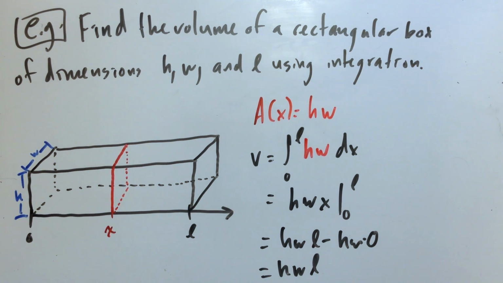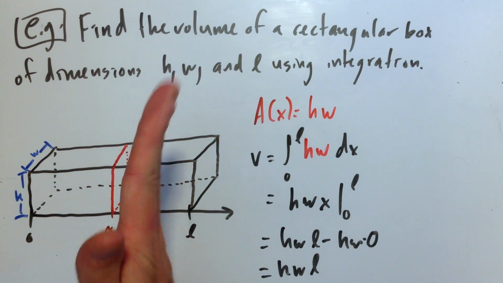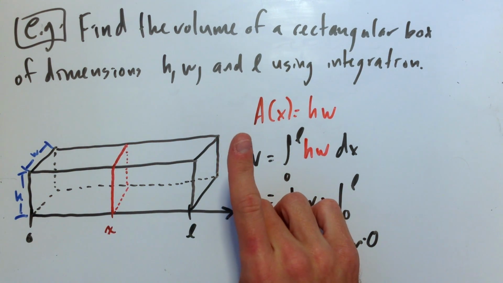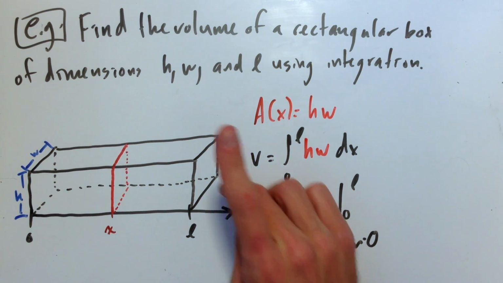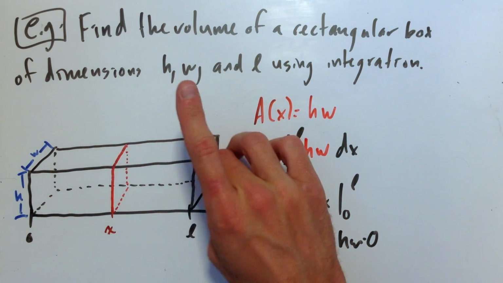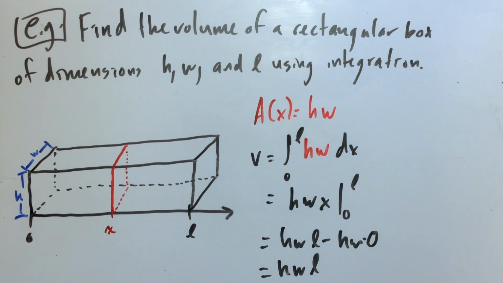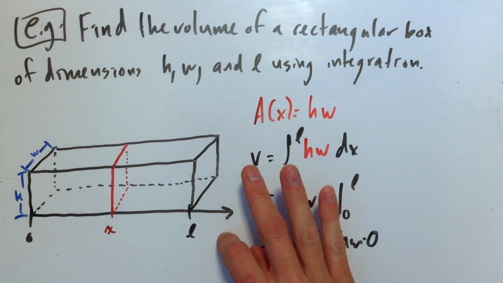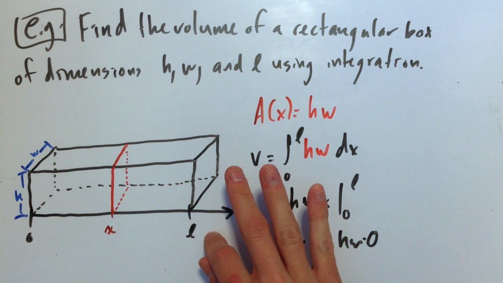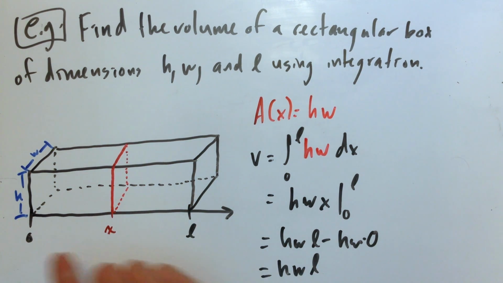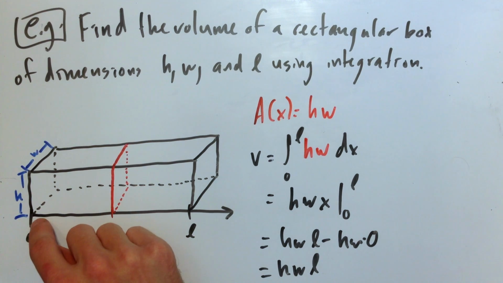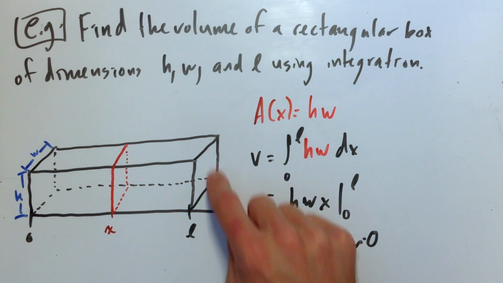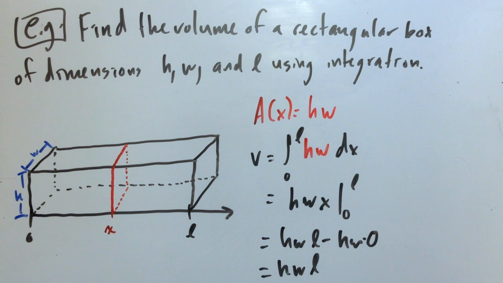The easiest way is for the axis to lie along one of the edges of the box, because then every single slice perpendicular to this axis is just going to be a rectangle which is parallel to the bases. I'm choosing to put this axis along this long edge, along the length dimension. So it makes sense to let 0 be where it starts, and then L is where the box ends, because that's how long it is.